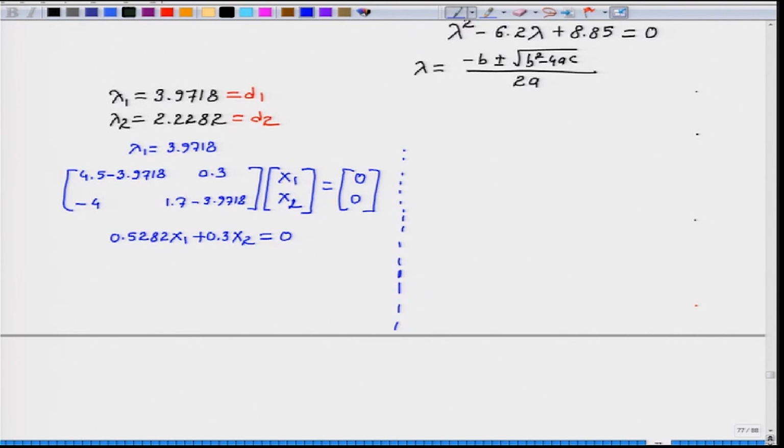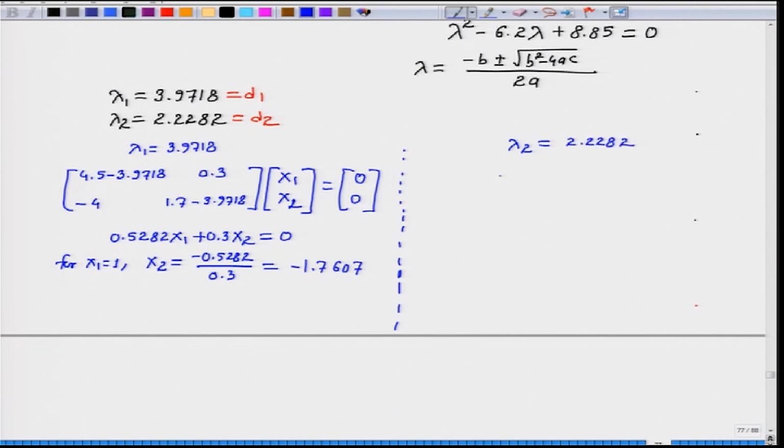If we assume the first element x1 to be 1, we can find x2, which comes out to be minus 0.5282 divided by 0.3, which is minus 1.7607.